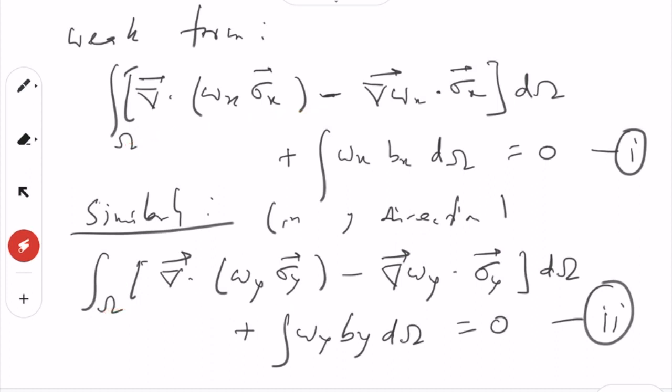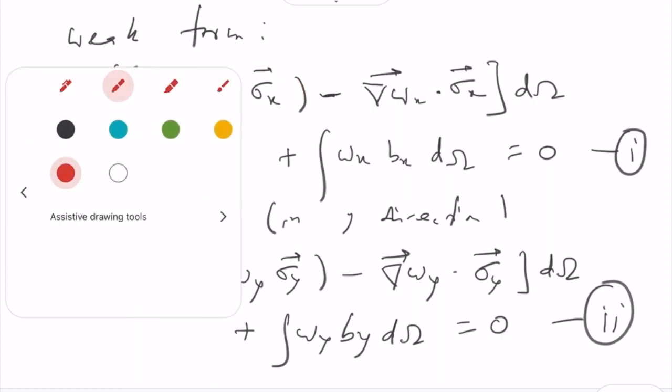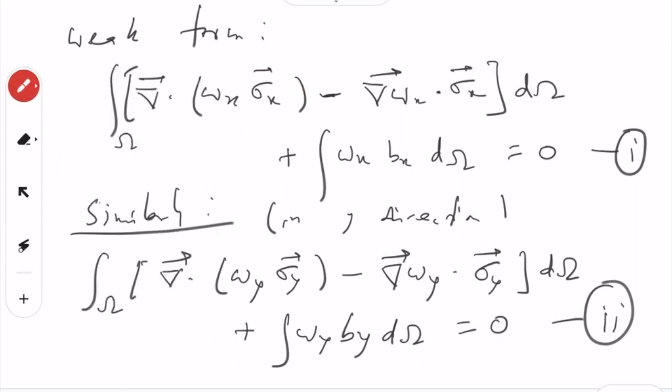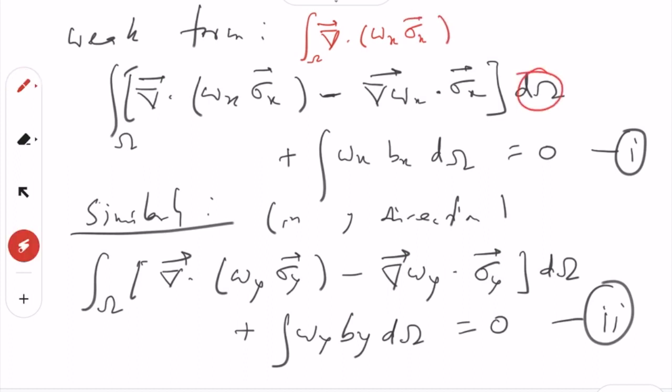What you see here is the divergence of Wx sigma x times d omega.